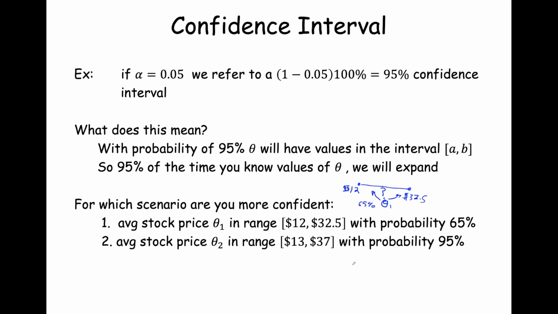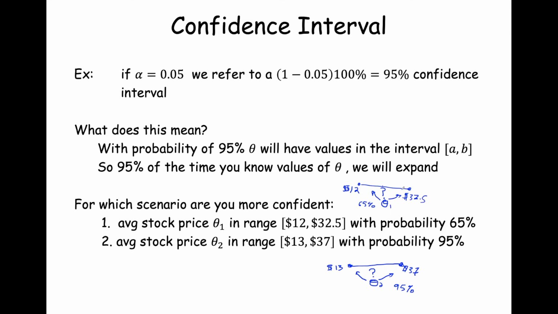Our second scenario is we have another security, security 2, and its average share price is theta 2. It's unknown, so this is the ground truth average share price, and it's going to be somewhere within the range between $13 a share on the low end and $37 a share on the high end, and that's 95% confidence.